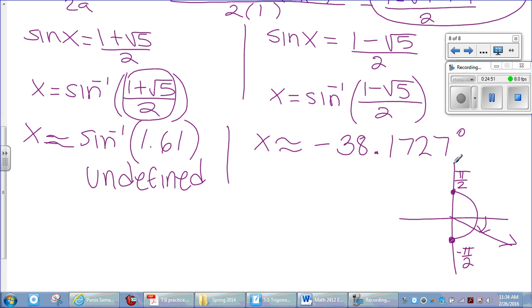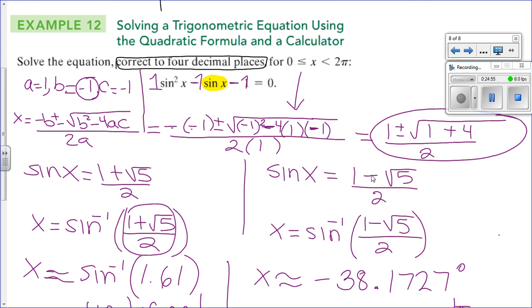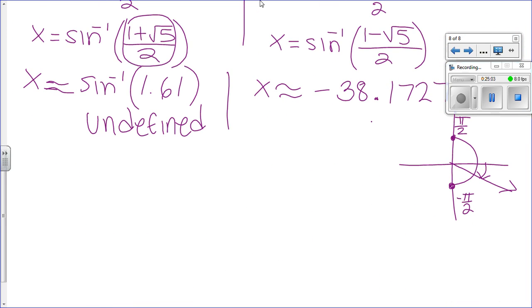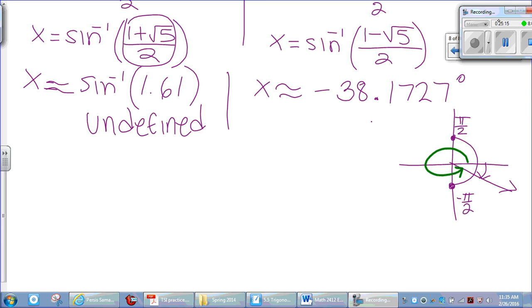Because I believe that's the question, right? We want our answer to be positive, greater than 0, and less than 2 pi. So think about an angle that you can take from here to here. How can you find that? At 360. Okay, at 360.